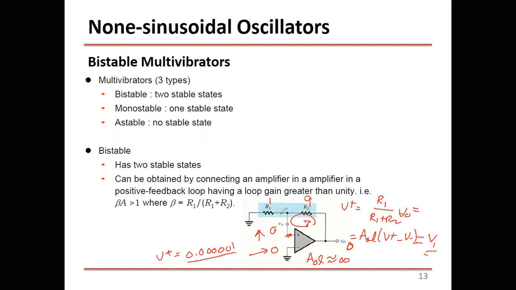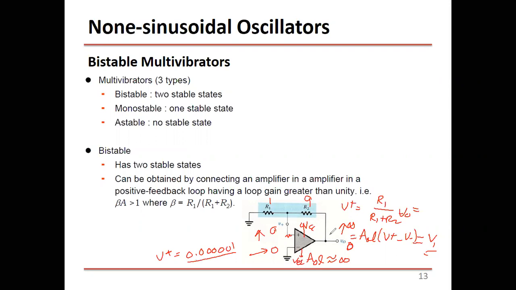So what's going to happen? Can you keep increasing V out until you reach infinity? Does it mean that V out, because of the positive feedback, will keep increasing to infinity? Or something is going to happen? It'll reach a limit because of VEE and VCC. That's correct. Assume that you have a voltage source here, VCC, and a negative voltage here, VEE.